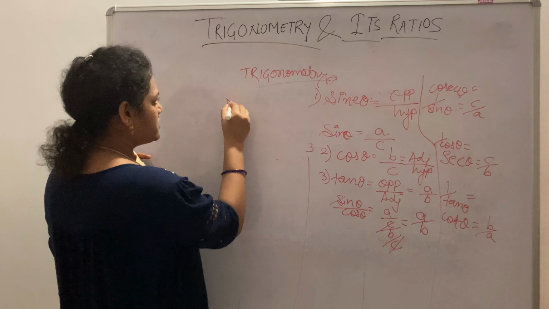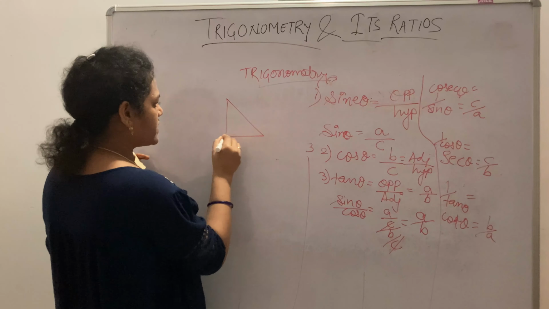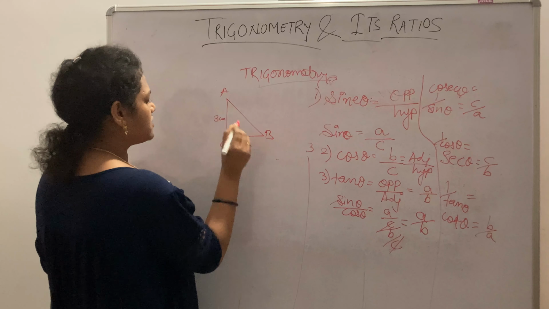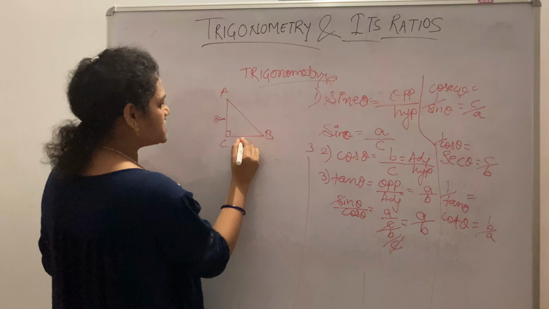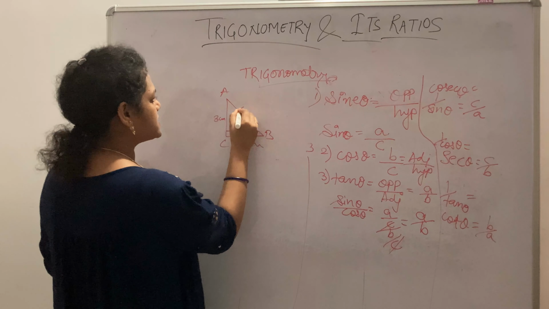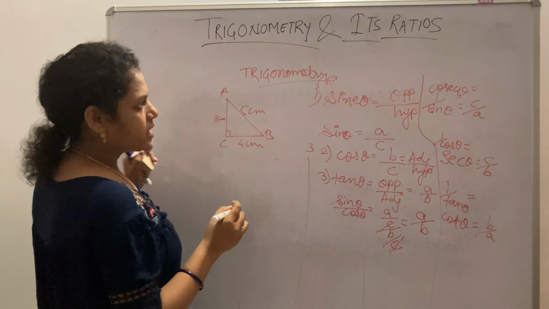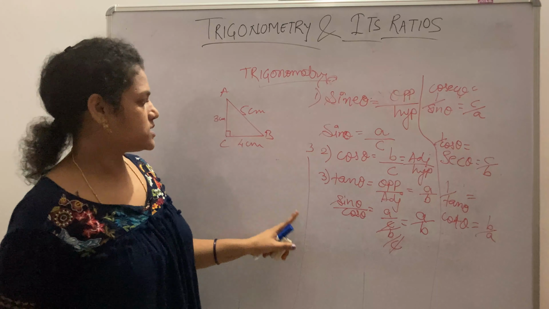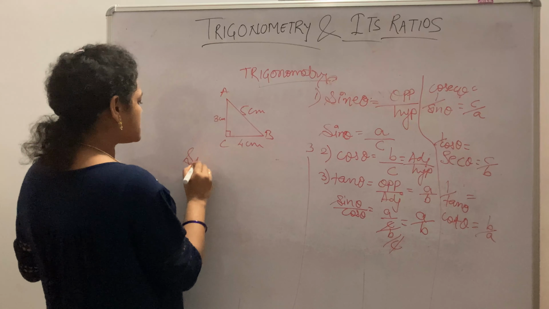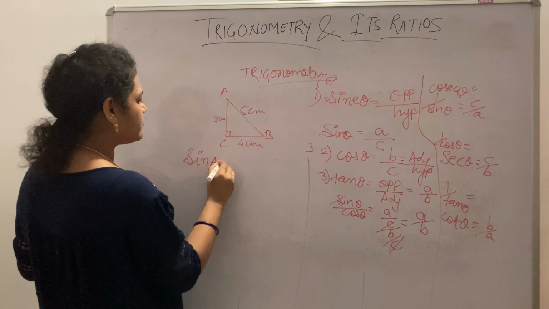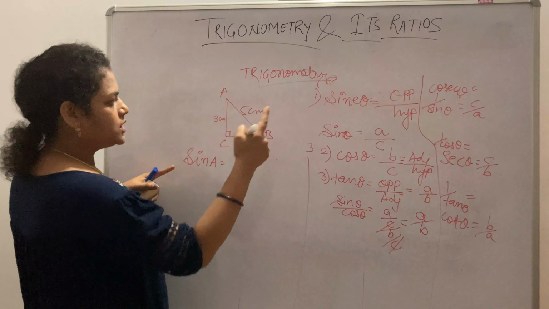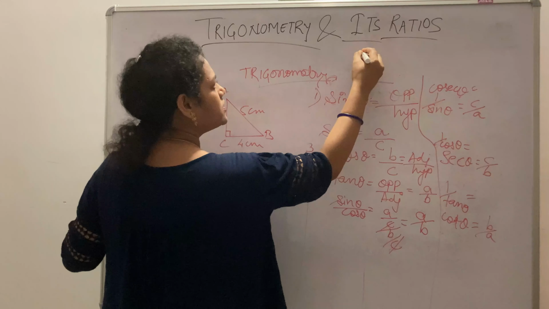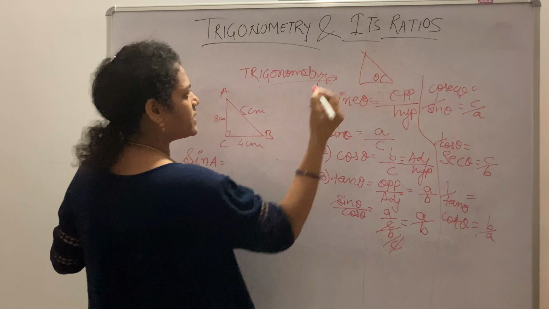See, suppose here is a right angle triangle. Here I am taking one side as 3 centimeter and another as 4 centimeter, and this is your 5 centimeter. So by using this we will solve. Suppose sine A. See friends, in the earlier example this was theta, right?